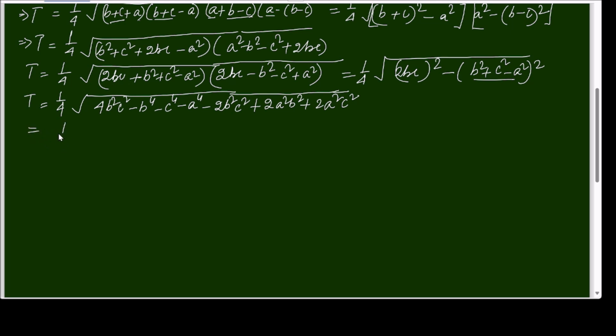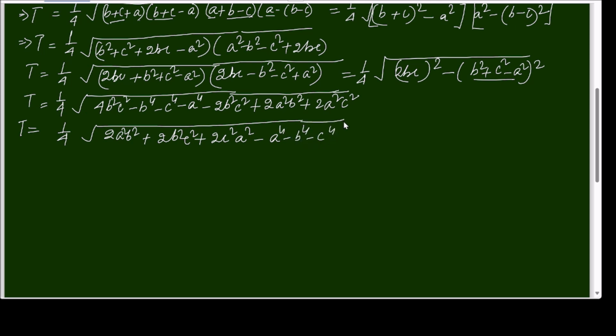So the ultimate result of T in terms of A, B, C is twice A square B square plus twice B square C square plus twice C square A square minus A to the 4 minus B to the 4 minus C to the 4.